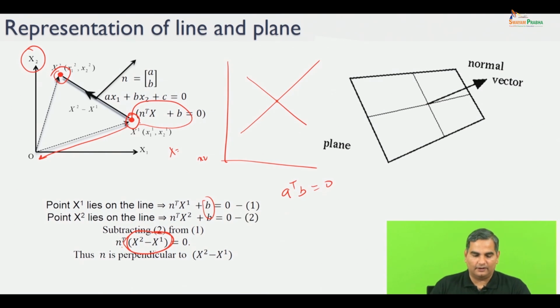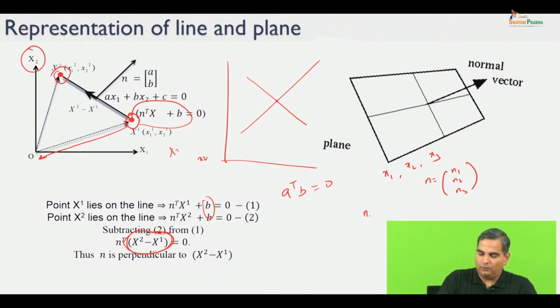You will have something like this here, and n now would become, supposing you have 3 variables x1, x2, x3, n could be n1, n2, n3. So, the same equation would be n1 x1 plus n2 x2 plus n3 x3 plus b equals 0, which is n transpose x plus b equals 0.